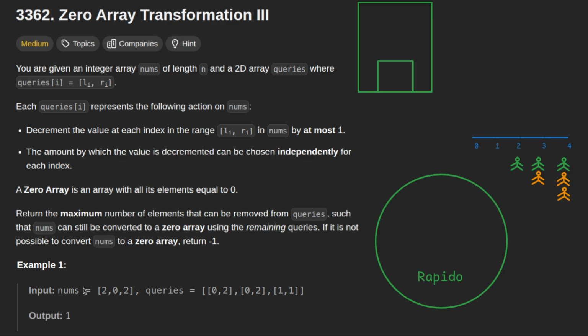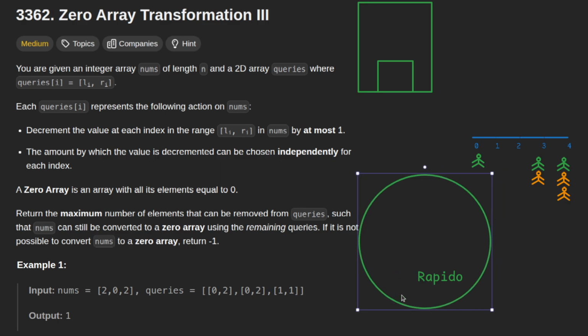So suppose the input is 2 0 2. Let us consider this input as passengers. So I have two passengers on index 0, right? This is what it is saying. Let us just move this somewhat here.